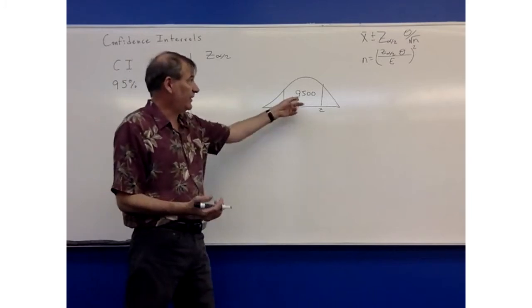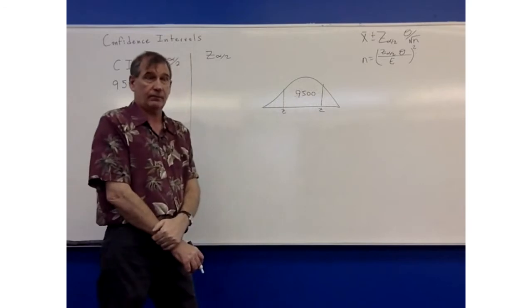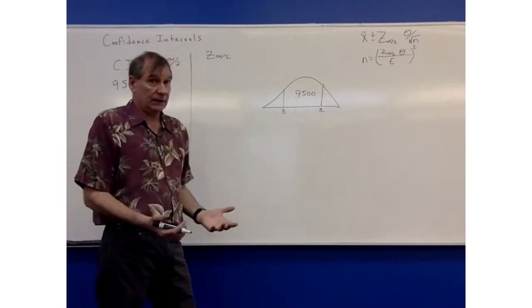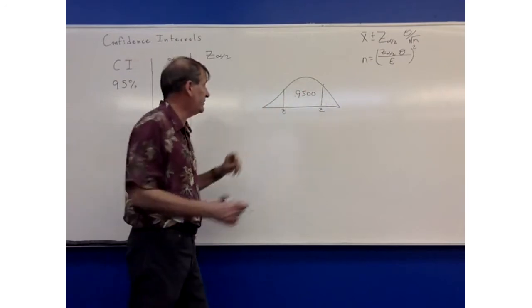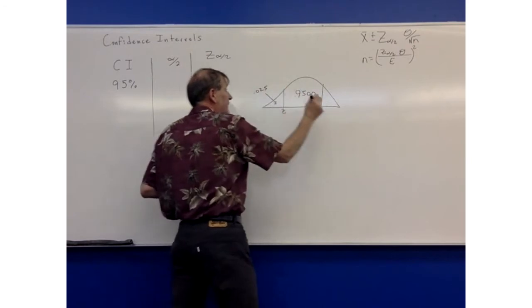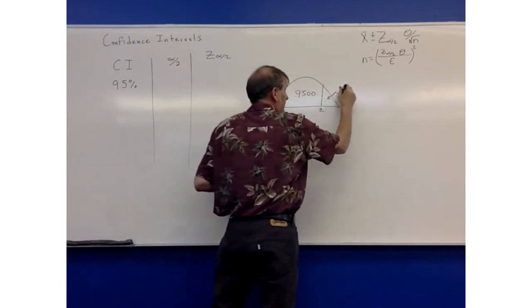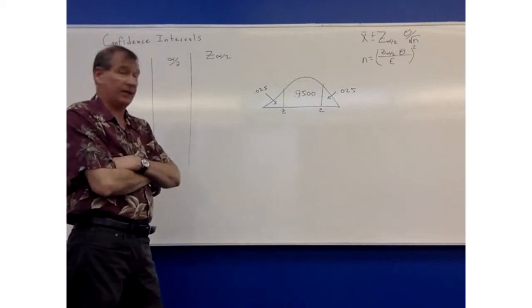There's 95%. So how much area is in these two tails? Combined, it's 5%, but they're split in half. This is symmetric. So over here, you have 0.025. Over here, you have 0.025. If you add that up, you get 100%.